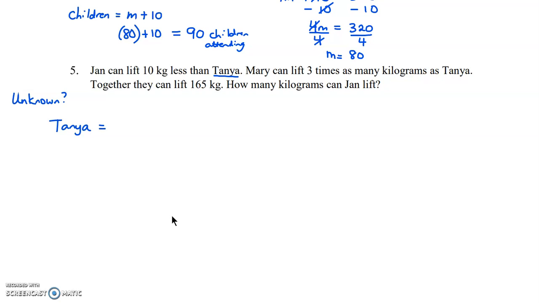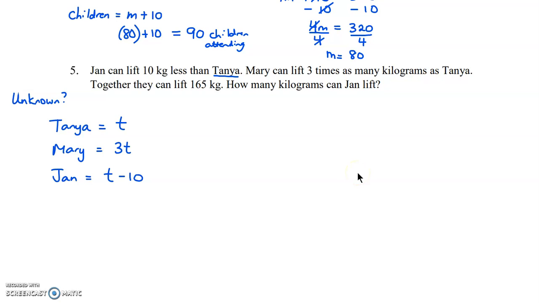here I'm going to assign her as T. Mary, 3 times as many kilograms as Tanya. 3 times. She's going to be 3T. Jan, 10 kilos less than Tanya. She's going to be Tanya minus 10.